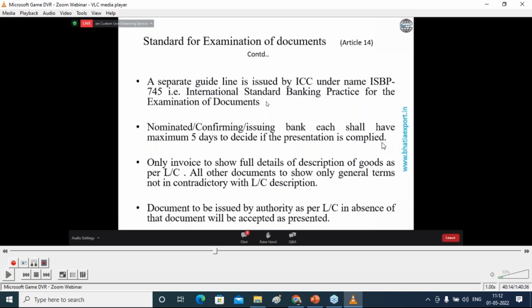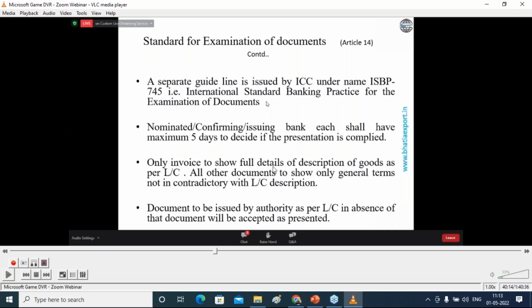Within 5 days, any discrepancy, acceptance or non-acceptance, they have to intimate to the beneficiary. For example, when the beneficiary, the exporter, submits the documents to the bank, that bank has to tell within 5 days. That is the meaning.